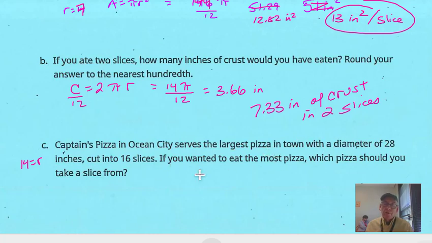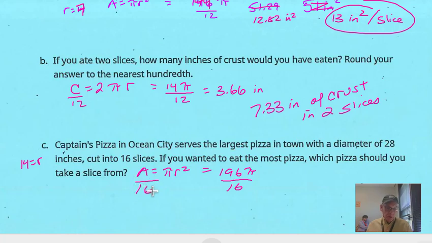I'm pretty sure this one's going to be the bigger one, but let's see what we get. So the area of one slice is going to be 1/16 of the area of the whole pizza. We're going to do area equals pi r squared, with r being 14. So that gives us 196 pi. And it's divided into 16 slices, so you have to divide by 16.